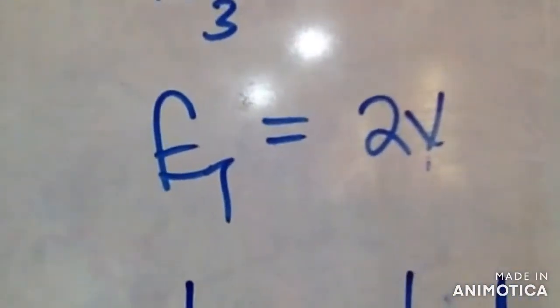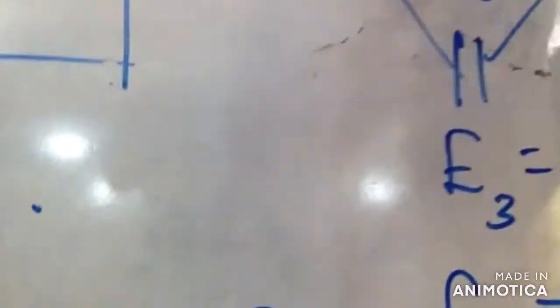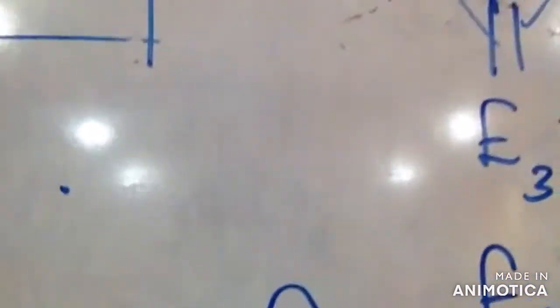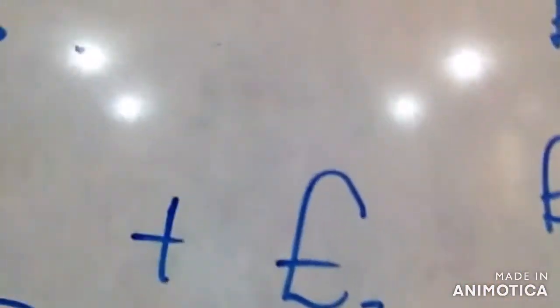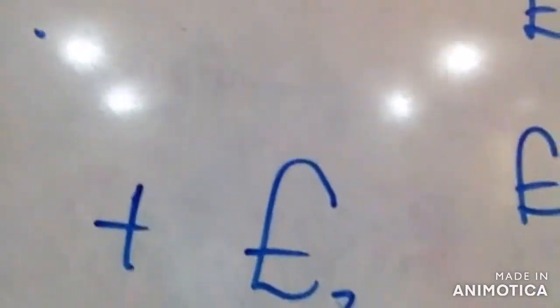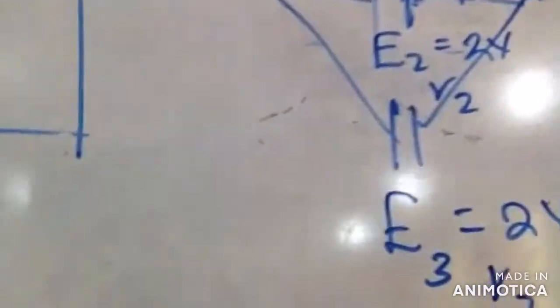If each of the internal resistors is, say, 1.5 ohms, then 1 over total internal resistance is equal to 1 over 1.5 plus 1 over 1.5 plus 1 over 1.5. That will give me the total internal resistance of the cells in the circuit.